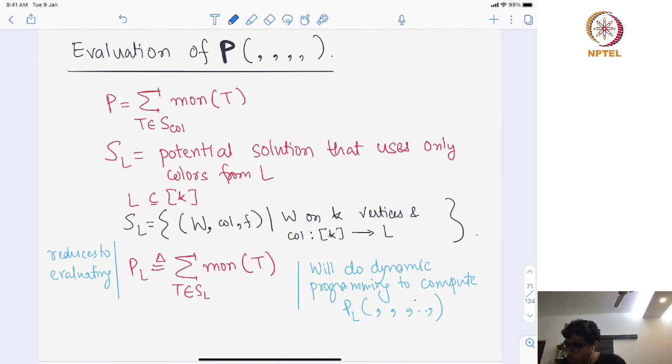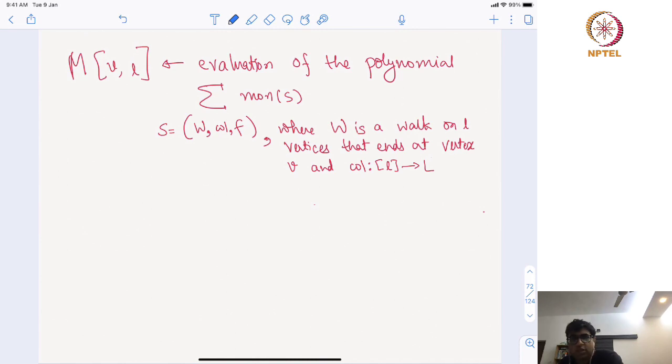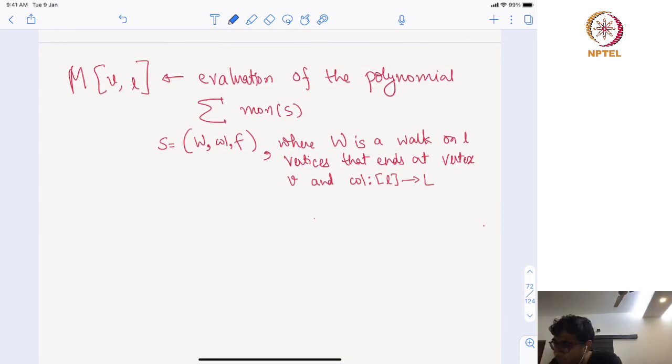You know that these variables have been assigned numbers, like the xi's. Now, you want to evaluate PL on these points. So, we are going to keep a 2-dimensional array M of V, L, which will keep the evaluation of a part of my polynomial. What is that part?